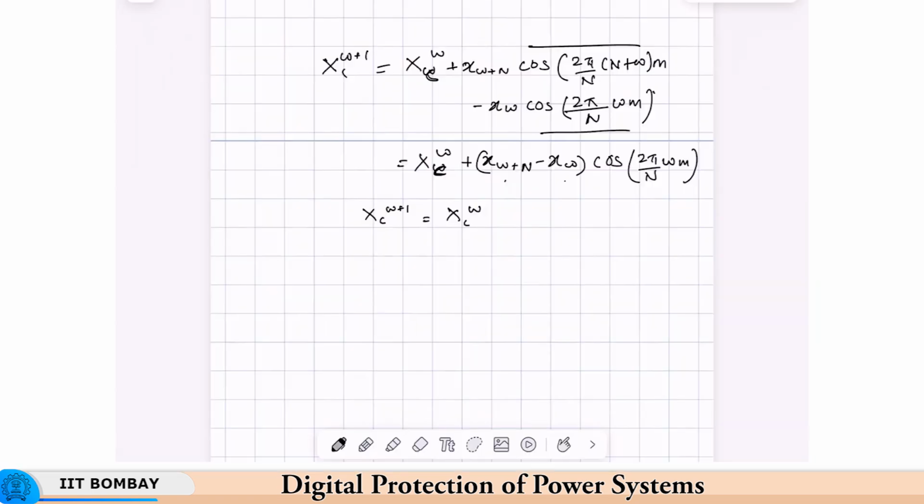So, there are just a few differences which you can note. Remember that w plus n minus 1 is the same thing. Notice that n is the number of samples per half cycle.